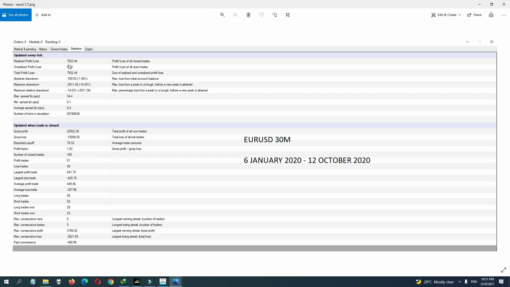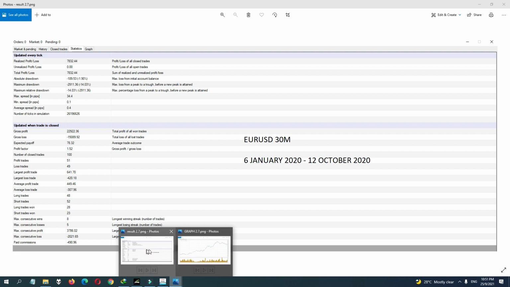We made $7,800, a 78% gain on a $10,000 account, risking 2% in the simulation. Max consecutive wins 8 and max consecutive losses 5. And this is the graph.